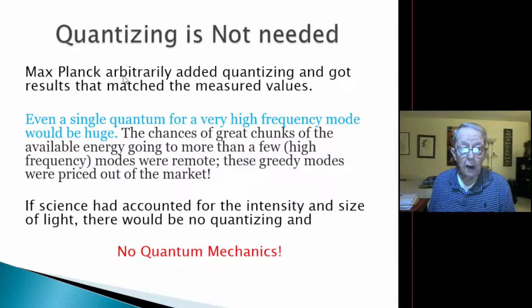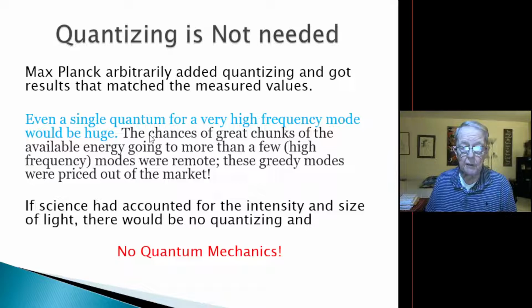Max Planck arbitrarily added quantizing, got results that matched measured values, and he admitted it was just a shot in the dark. He had no specific physical reason except that logic about a quantum having a big chunk of energy. And I'm repeating a statement: even a single quantum for a very high frequency mode would be huge.